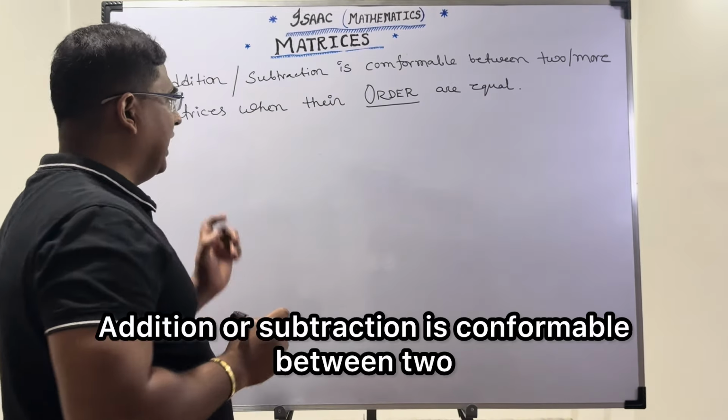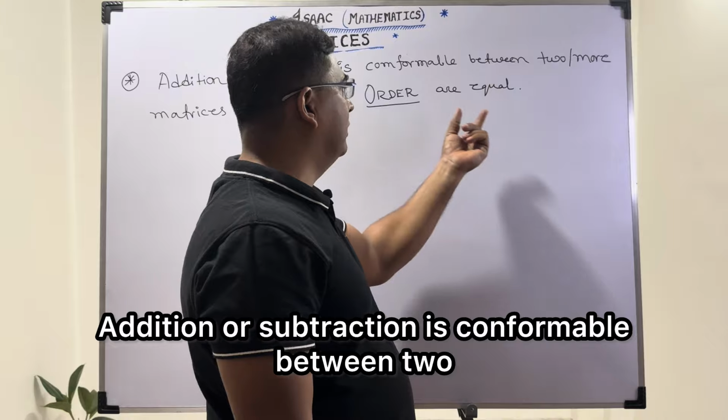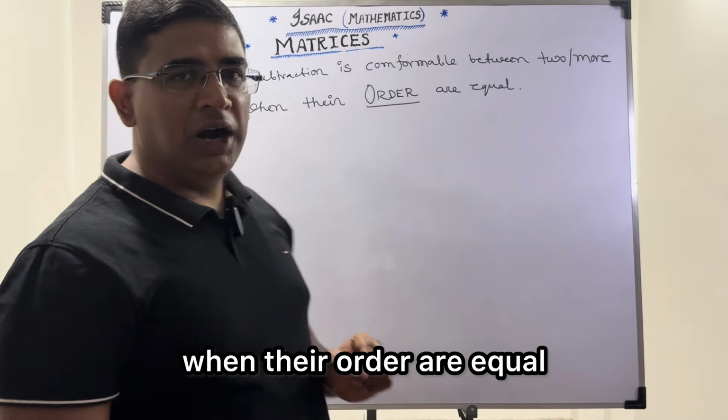Okay. Addition or subtraction is conformable between two or more matrices when their order is equal.